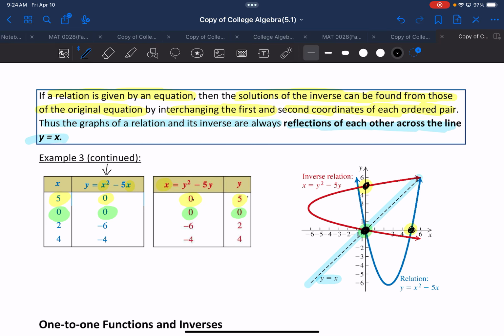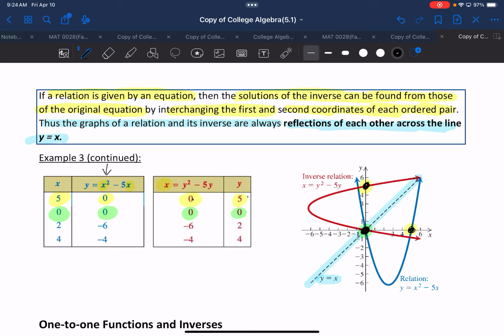So again, this was really just about relations. And why am I stressing that? Well, if you look at this example, the equation in blue, or the graph that's given from that equation, that's a parabola, right? The blue one, which is a function because it passes that horizontal line test.